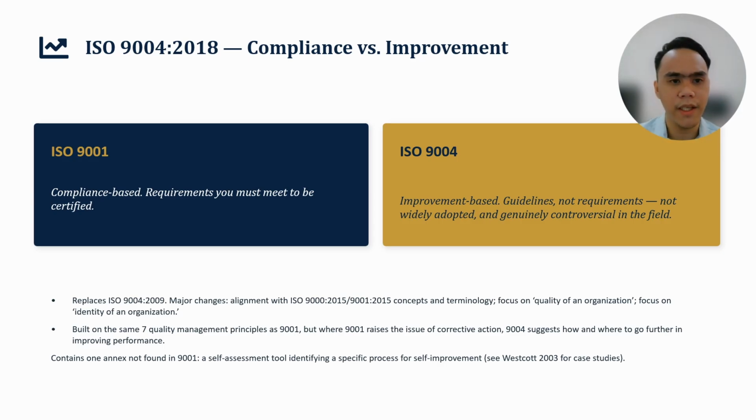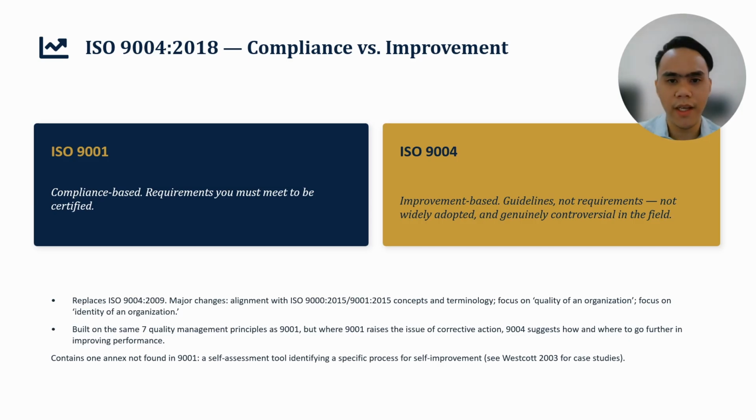There is a real controversy in the field of quality on the usefulness of ISO 9004, and it is not widely adopted. It's worth knowing that honestly rather than presenting it as universally embraced. The developers of the ISO family made ISO 9001 and ISO 9004 completely compatible in structure, which we'll see in the three adoption paths on the next slide.